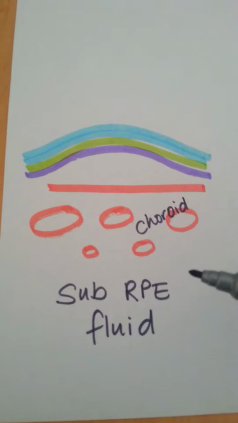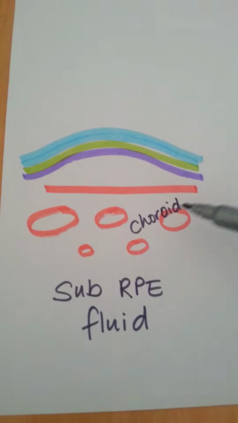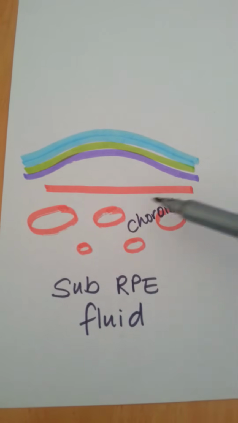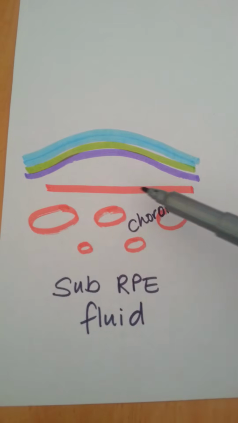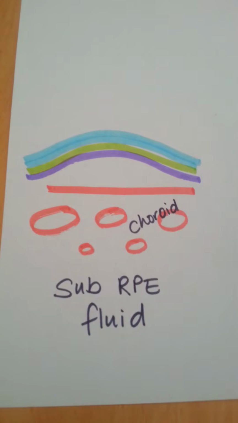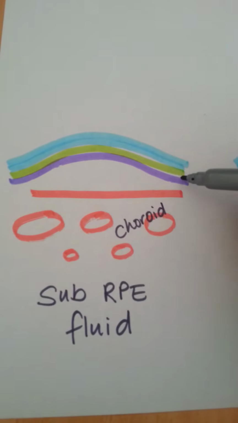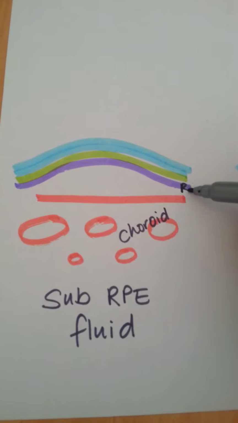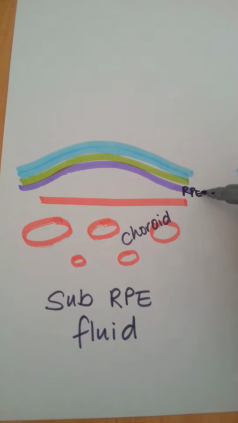So this first one here, you'll see this is the choroid, this red part, and this is Bruch's membrane of the choroid, that red line. The purple line represents the retinal pigment epithelium, so I'll just label that.